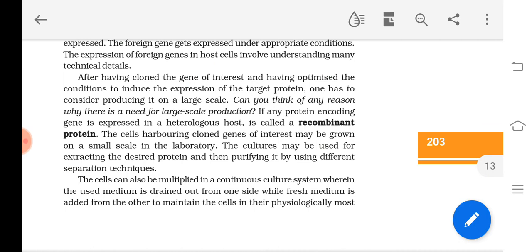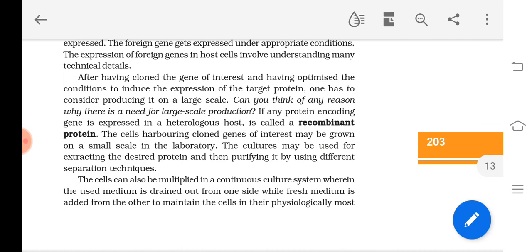If protein is obtained from such a kind of host, a heterologous host. What do you mean by heterologous host? The host with the genes of some other organisms, or which is having a recombinant gene. Okay, so that is known as what? Recombinant protein. Understood? So these cells with the cloned genes of our interest will grow on a small scale in the laboratory, isn't it?